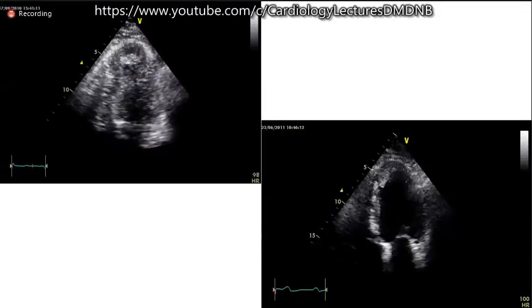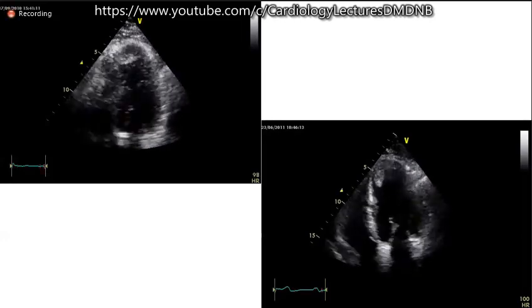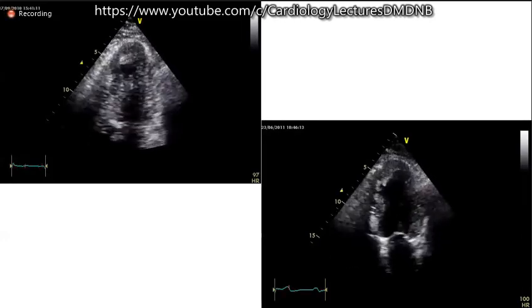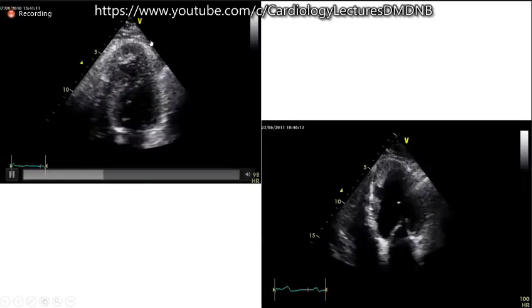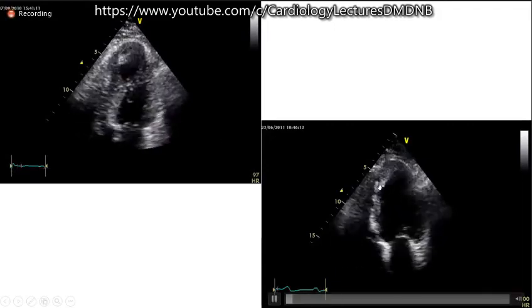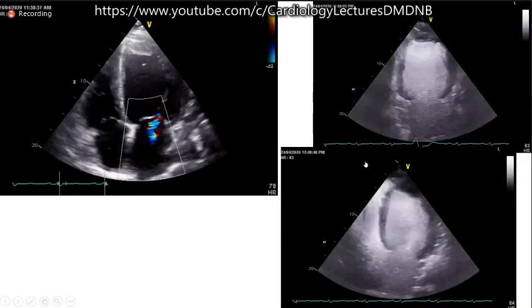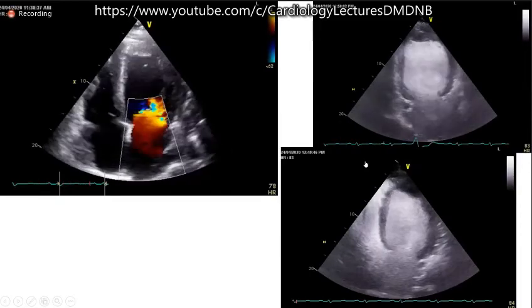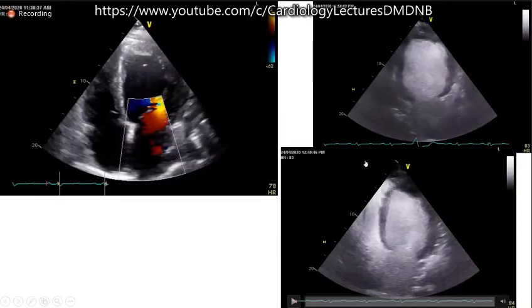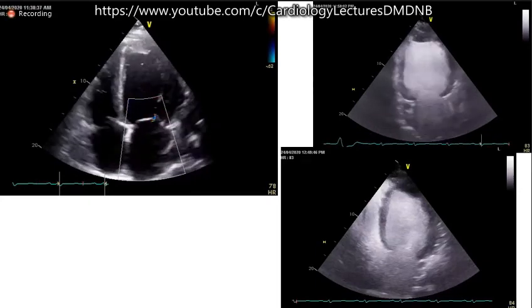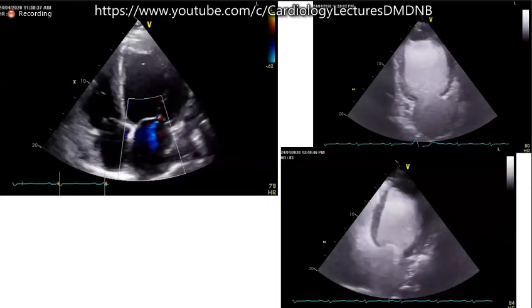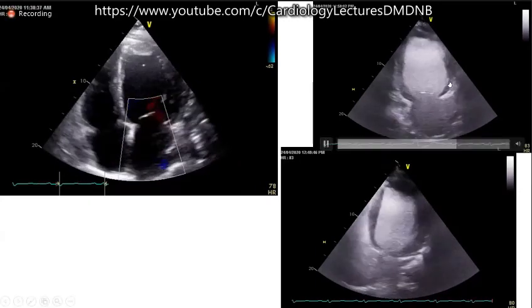LV thrombus, you might have seen plenty, where you can see the apical region which is not contracting well. The thrombus is formed here. Also you can see the thrombus. Recently, when there is a doubt about the thrombus formation, we can do a contrast echo, and contrast echo will definitely show it.